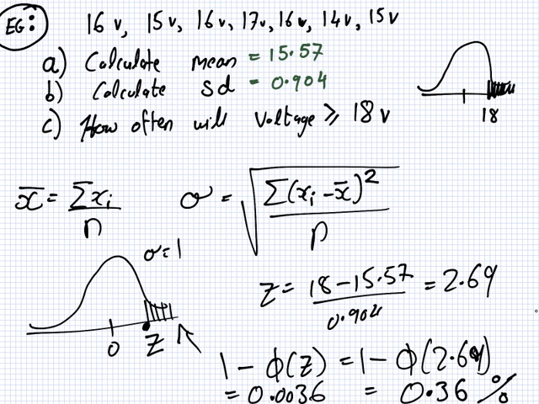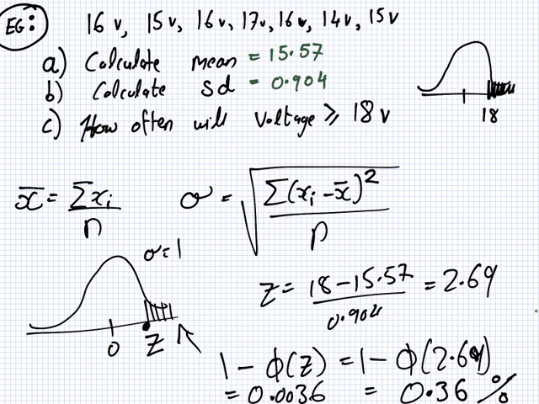And that's it. So about 1 in 300 voltages will be more than or equal to 18. That's something you couldn't know unless you actually measured it 300 times or whatever. But we don't need to measure it 300 times.